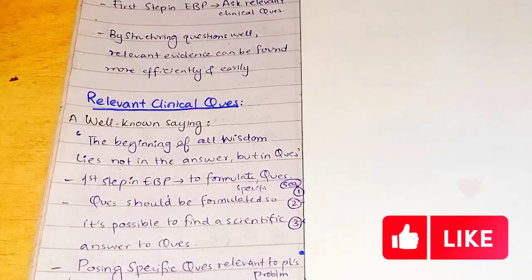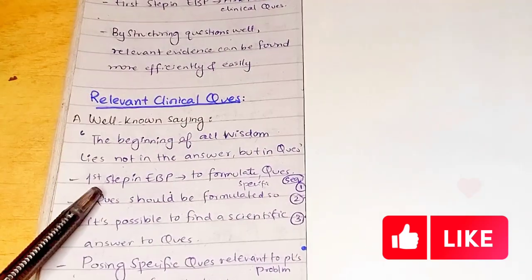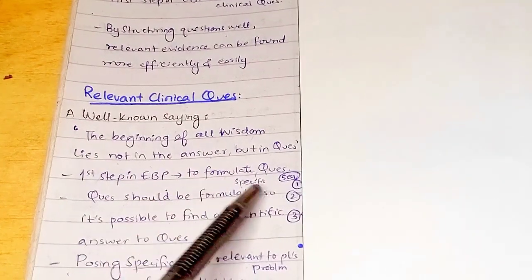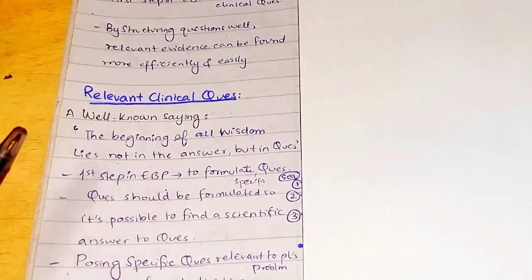So your accuracy in diagnosis, in treatment and many other things is going to be determined by how well-structured the questions are that you ask the patient. Here again you can see the first step in evidence-based practice is to formulate specific questions.